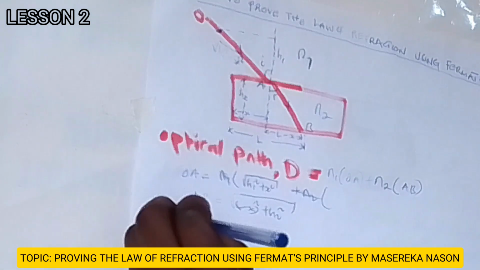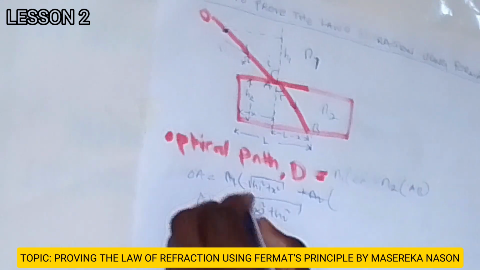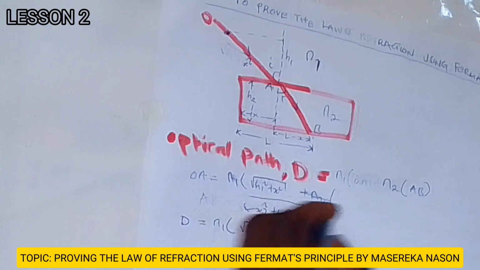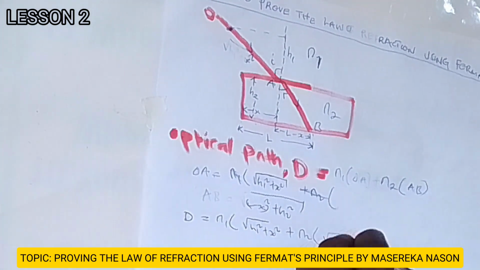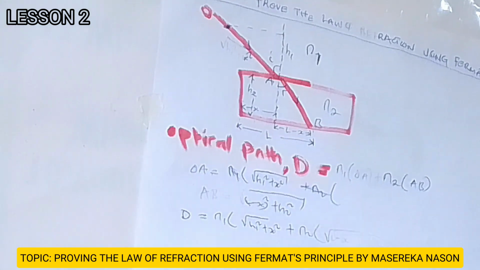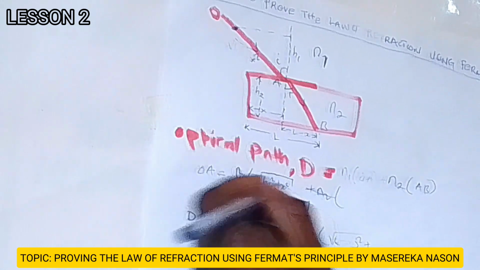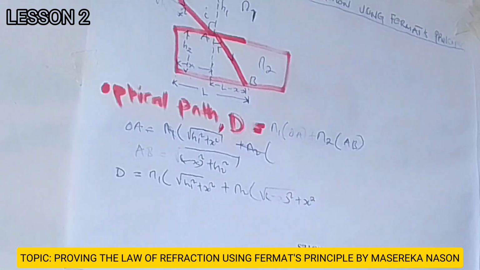So our optical path, which is D, will be N1 times OA, which is root of H1 squared plus X squared, then plus N2 times AB, which is root of L minus X squared plus H2 squared.